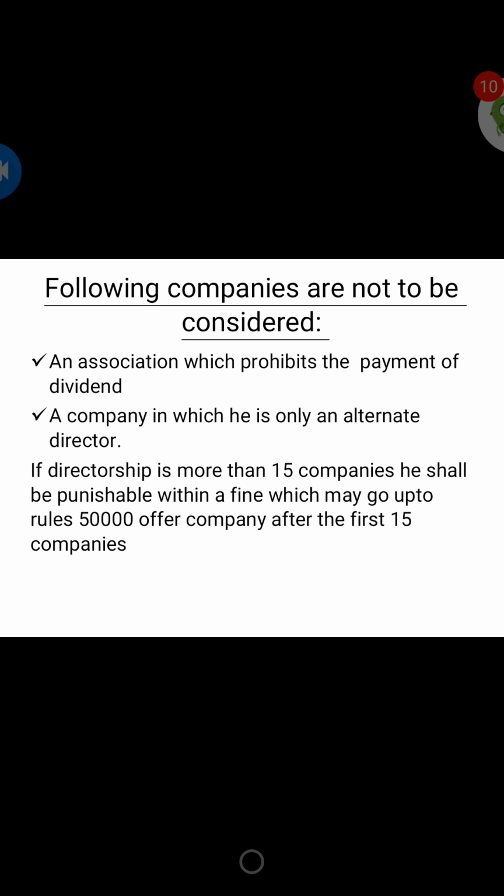Suppose you have directorship in 17 companies: up to 15 companies there is no fine, but for the remaining 2 companies it is 50,000 plus 50,000. So for every company after the first 15 you will have a fine of up to rupees 50,000.